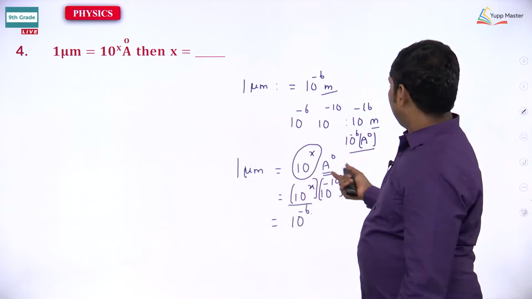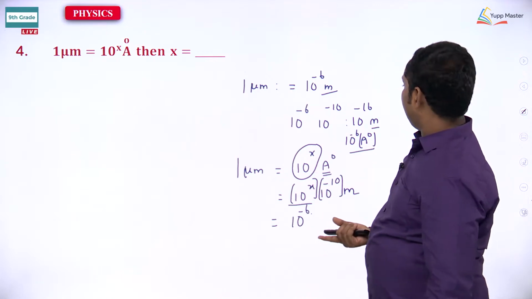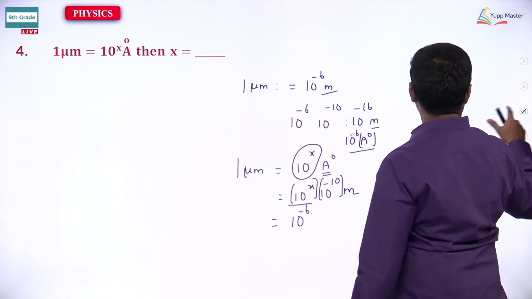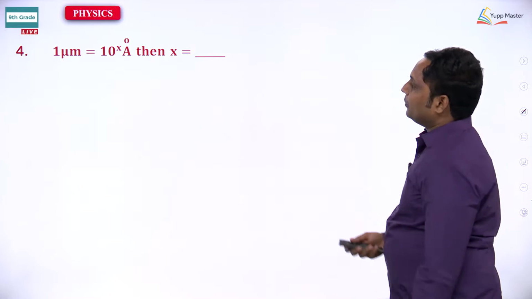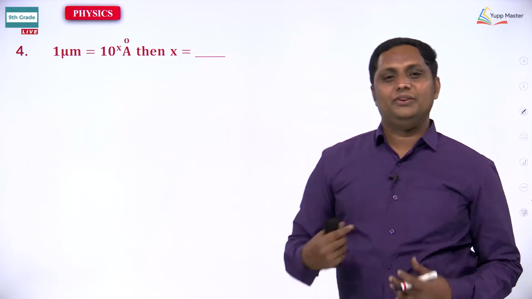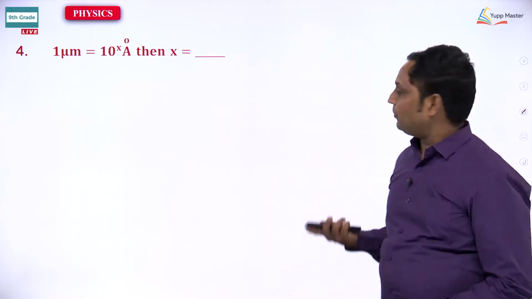So, finally, in the place of x you have to get minus 16, it is very clear, you can solve the problem.